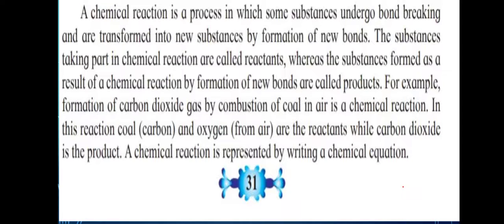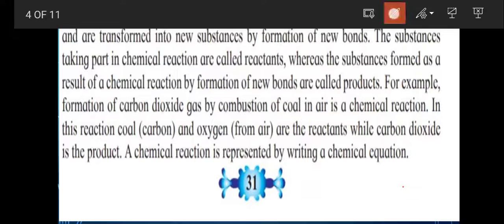So a chemical reaction is represented by writing a chemical equation. Students, you just see that, for example, if carbon is ignited in the air, that time there is a formation of carbon dioxide. So what is meant by chemical reaction? The substances taking part in the chemical reaction are called the reactants. But before that, chemical reaction means what?